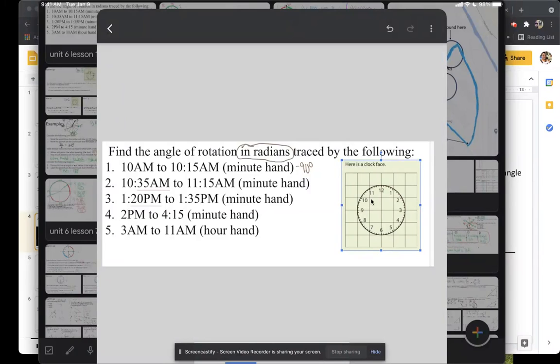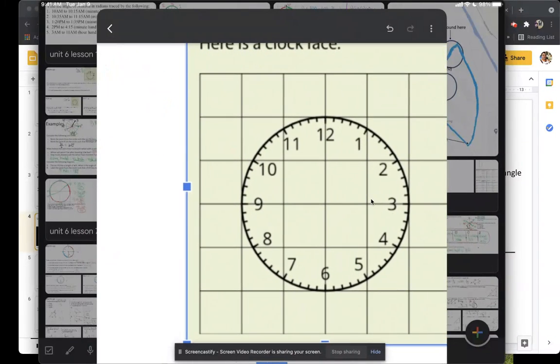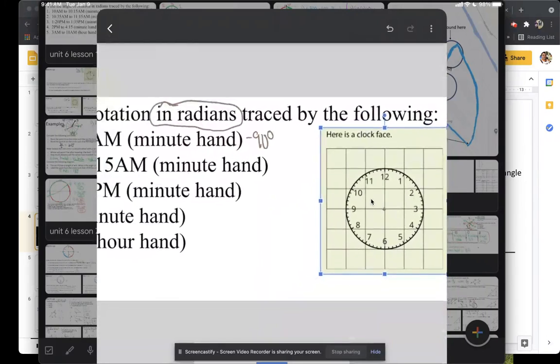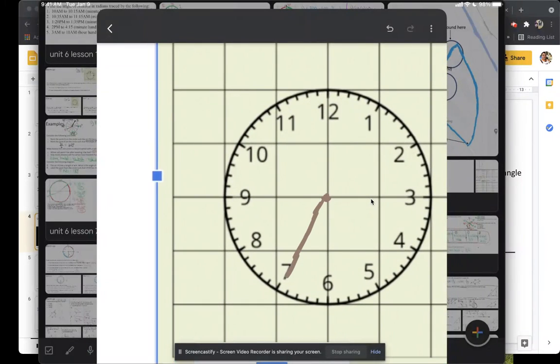Okay, number 2, we're going from 10:35 to 11:15. At 10:35, and we're doing the minute hand, the minute hand is going to be at the 7. And at 11:15, we're going to be at the 3 again.